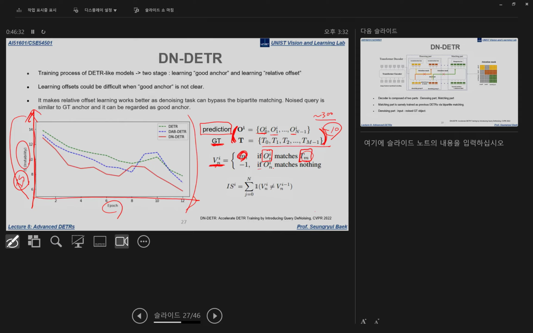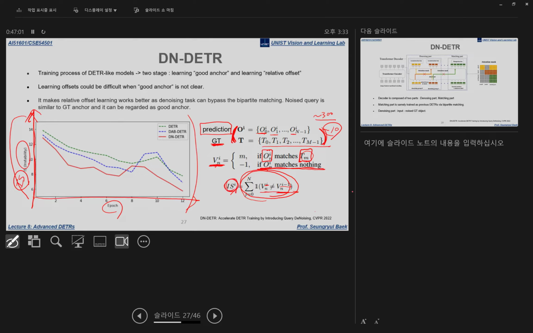And if it is not matched with any ground truth, then it means background, and that would be -1, okay? And if the i-th epoch's prediction and the (i-1)-th epoch's prediction are not the same, then we will count that number. That's the IS measure, okay?